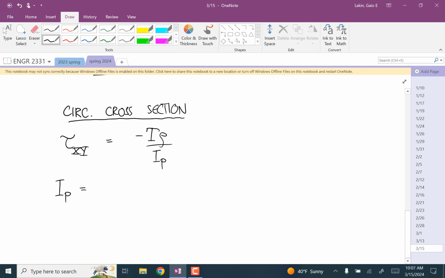And that is the polar moment of inertia using the outer radius, minus the polar moment of inertia for the inner radius. So you could think of this as polar moment of inertia outer minus polar moment of inertia inner. And so this comes out to be pi over 2 times the quantity r outer to the fourth minus r inner to the fourth.